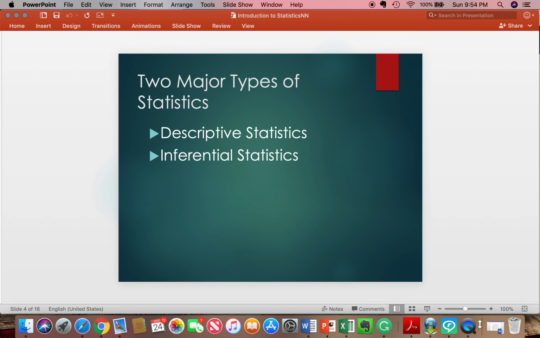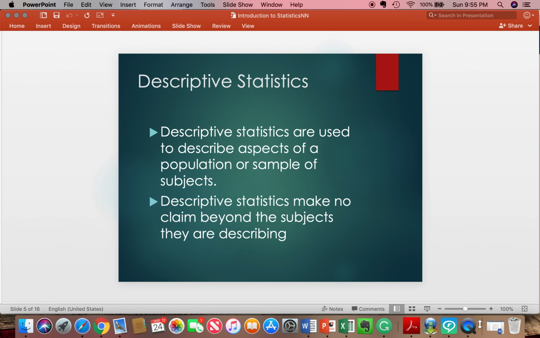And these two, although these words might sound a little ominous, they're very simple. Descriptive is just as it sounds. You are describing a data set. A descriptive data set is going to be something as simple as what are the characteristics of your population.